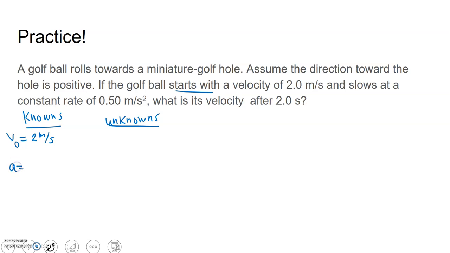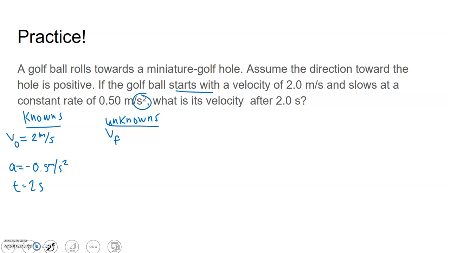That is the acceleration, and you can note that from meters per second squared. The ball is rolling in the positive direction but slowing down, so the acceleration is negative. And we're looking for the final velocity after a time of 2 seconds.